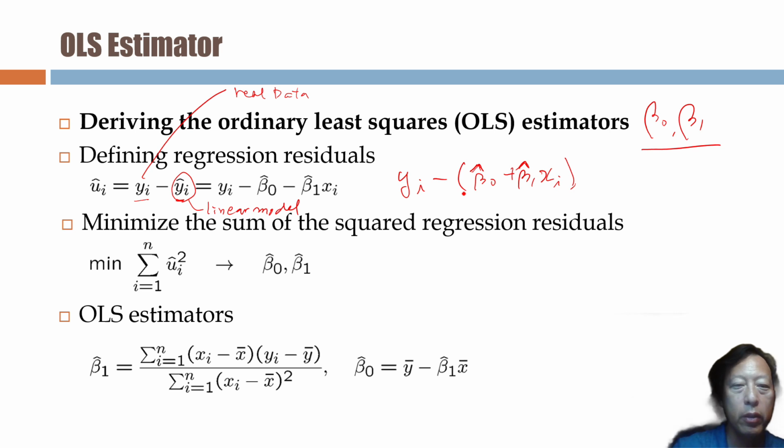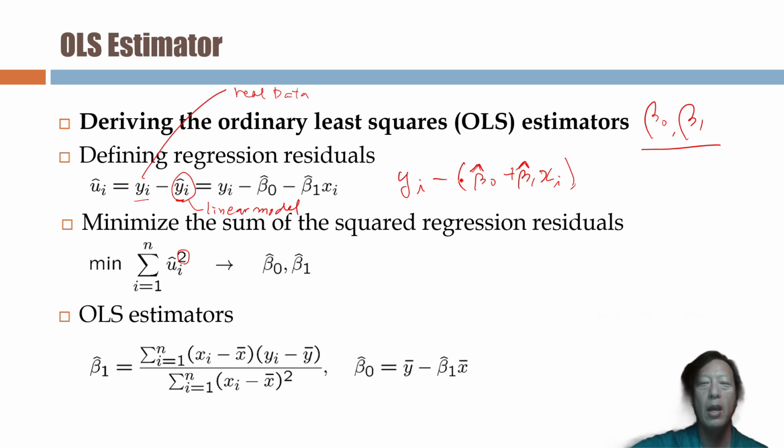Here, why we take a square is because we have positive error and negative error, and as you know, the expectation of the error should be 0, which means we have the same amount of positive error and negative error. So if we mix them together, you will have 0, no matter whether you have a bad model or a good model, the summation will be 0.